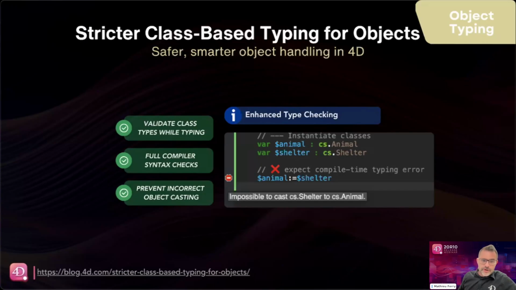Now 4D verifies the actual class type at compile time, but also while typing in the editor. So if you try to assign the wrong type, you get an immediate error. No more guessing, no more silent bugs. This gives you 2 big benefits: smarter auto-completion based on class type and stricter compile time checks to catch mistakes early.